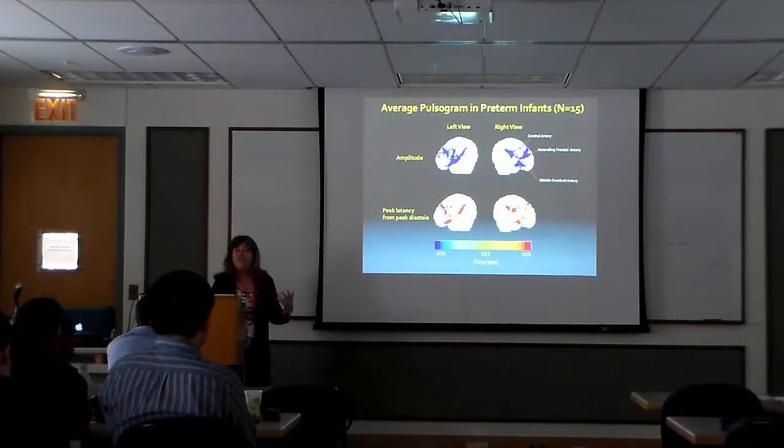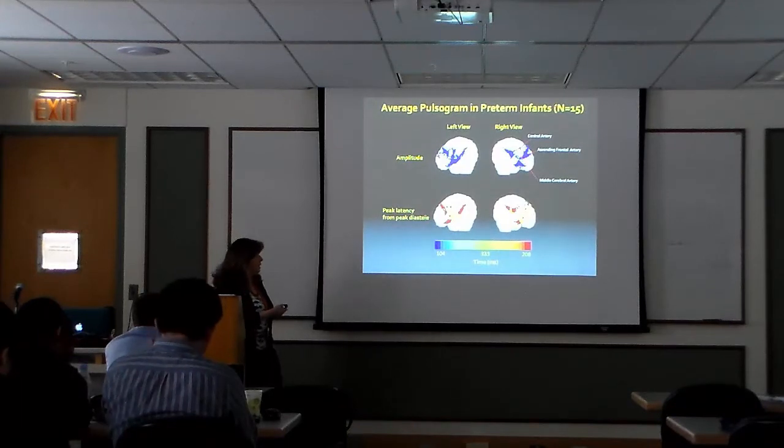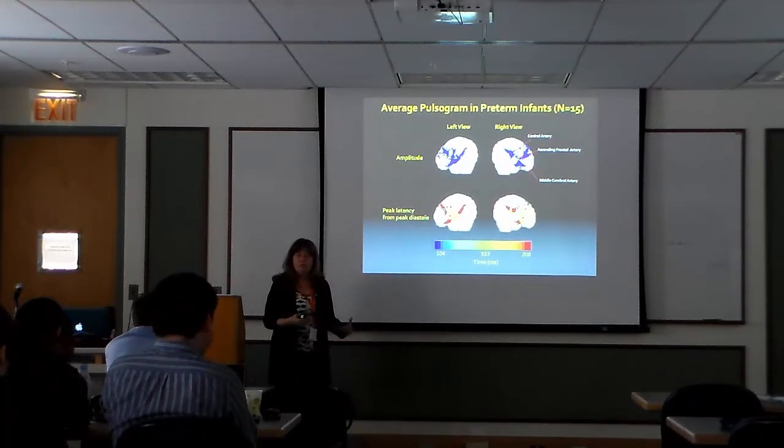There aren't too many ways of imaging these babies because they stay in an incubator. What you see here is that we can actually image these babies with optical imaging, and you can also see the latency of these pulses.